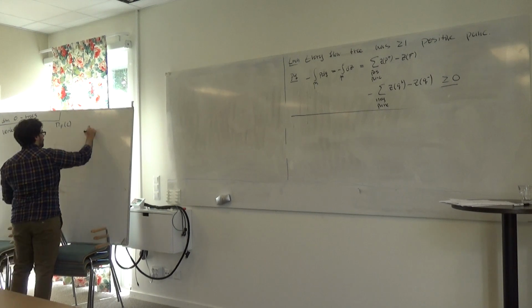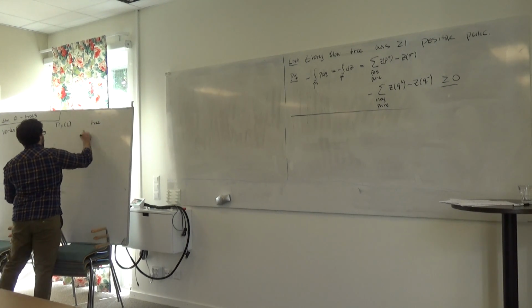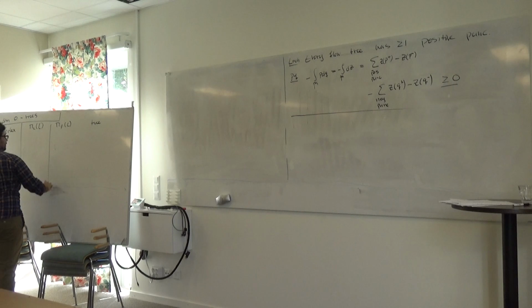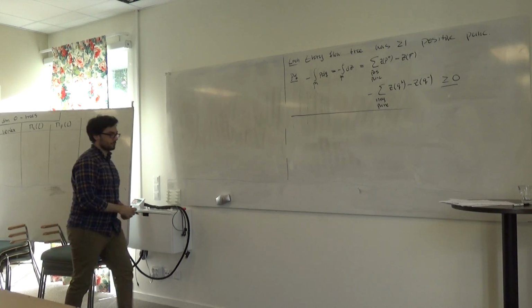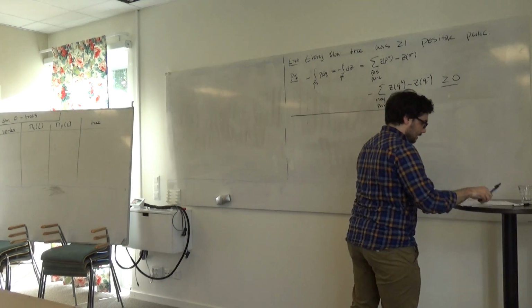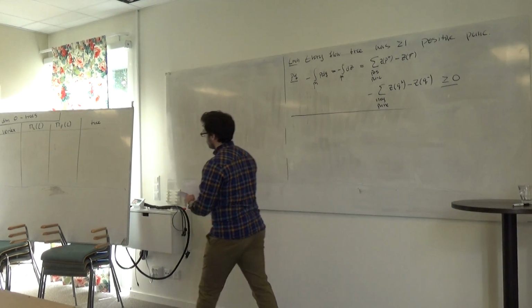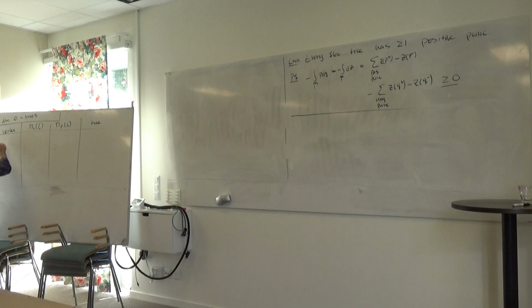I'm going to try to draw the list of all the vertices that can appear and the corresponding part of the tree. So if a vertex is a one-valent puncture, then the corresponding disk part is this.